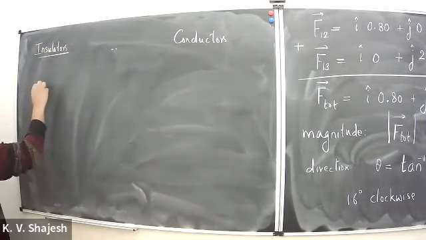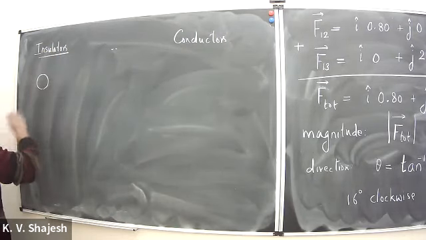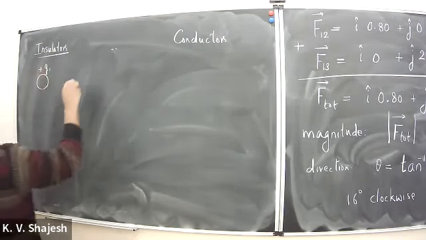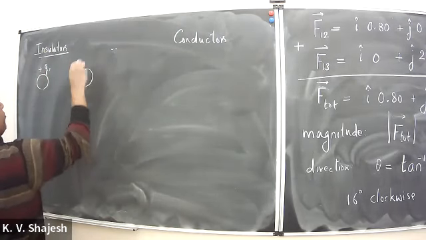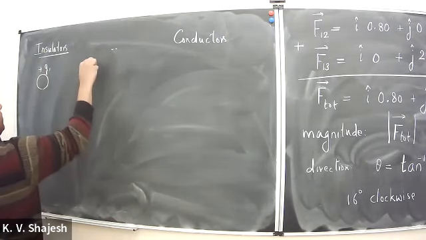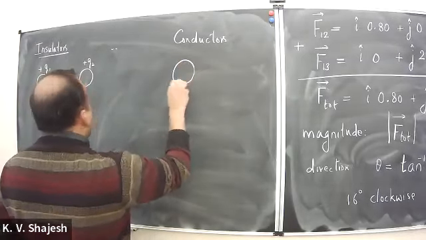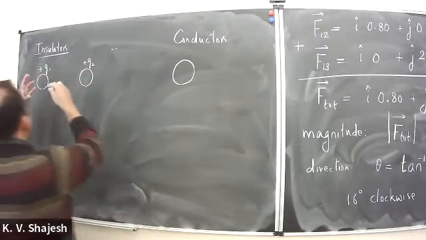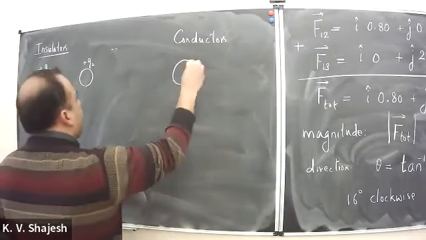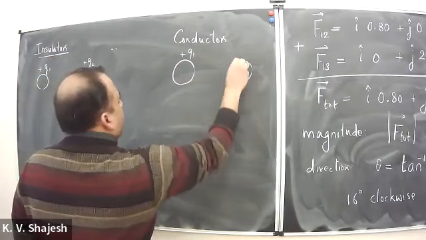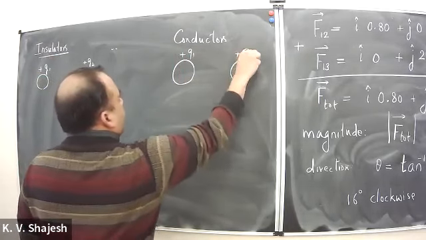So here we have a positive charge Q1, and that is another charge Q2. And the same situation in conductors. Now these are conductors, these are insulating materials on which there is a charge. And here again, there is a charge Q1, and this is positively charged Q2, let's say.